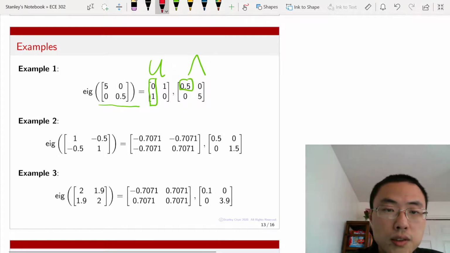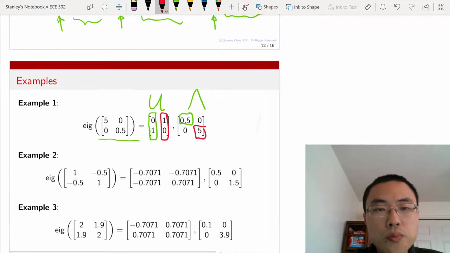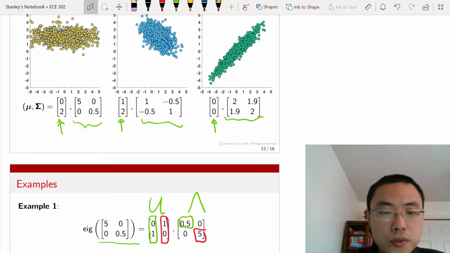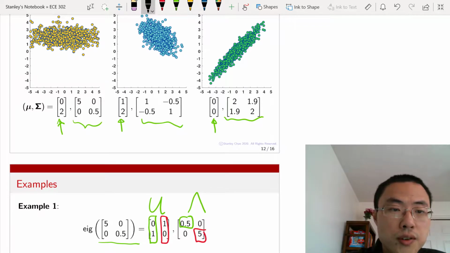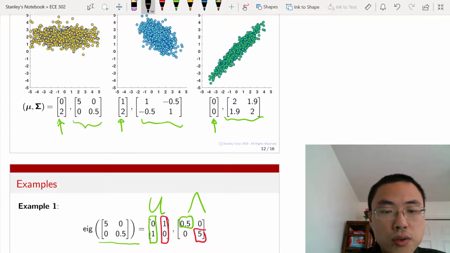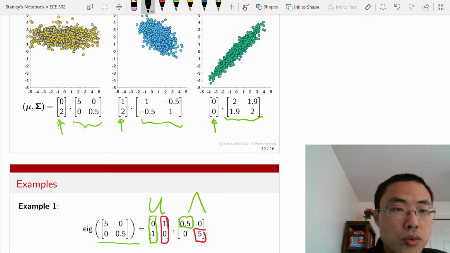And then here is the second column, and this is the second value. So now let's go back to the diagram. The first column says it is 0, 1. So that means you are looking at 0 along the x-axis. So you don't have any fluctuation in the x-axis, but then you have 1 in the y-axis.